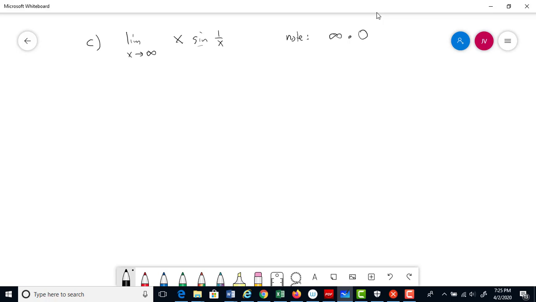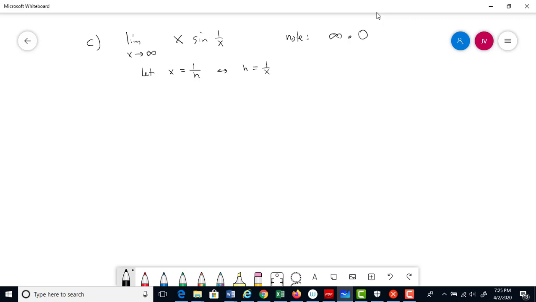So what I need is this in rational form, and we do not have that. So what I'm going to do is be sneaky, and I'm going to kind of cheat. I'm going to make a quick substitution here. I'm going to let x equal 1 over h. What that also means is if I solve this for h, h would be equal to 1 over x.